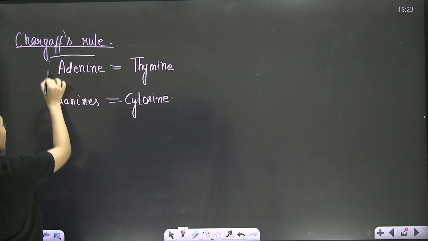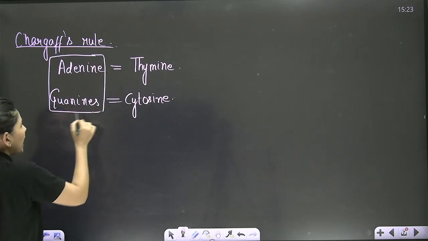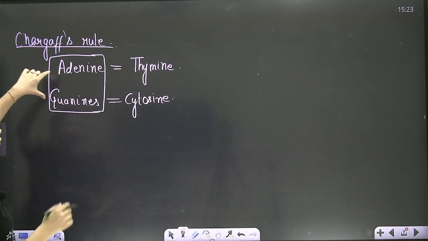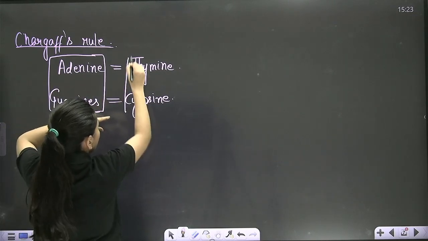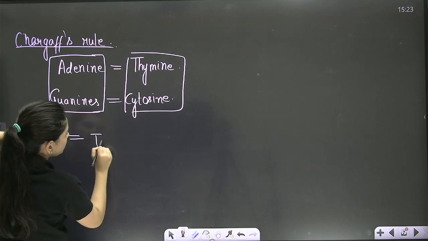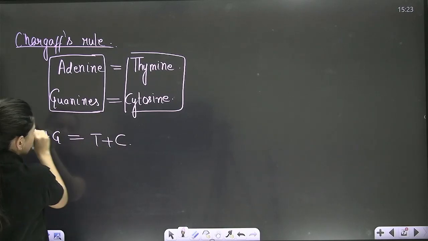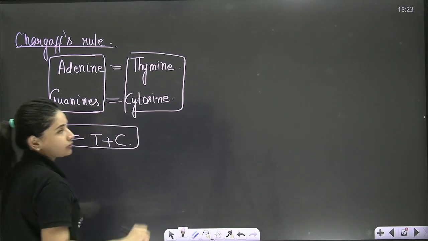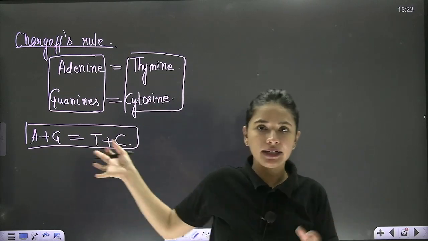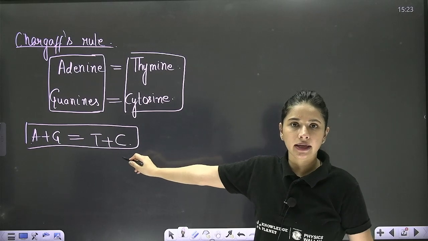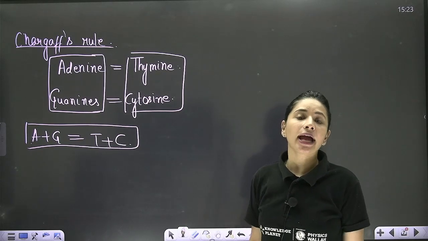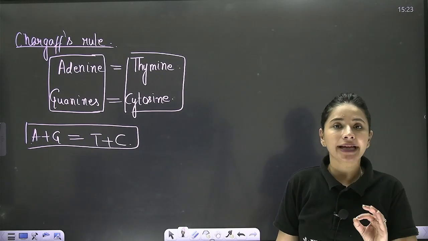In short, according to Erwin Chargaff, the amount of A plus G is always going to be equal to T plus C. Yes or no? If you just add these two equations, equation number 1 and equation number 2, you will get this. This is known as complementary base pairing.